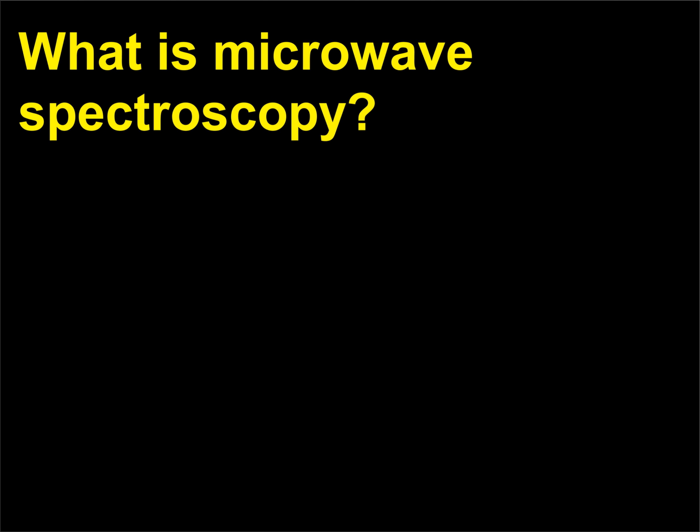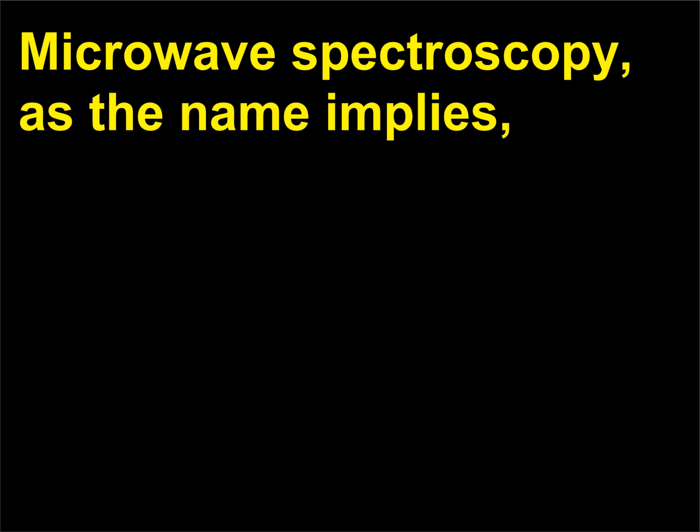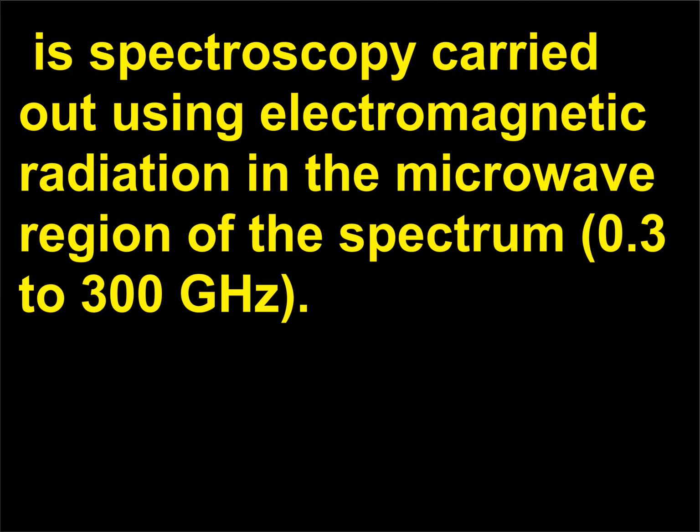What is microwave spectroscopy? Microwave spectroscopy, as the name implies, is spectroscopy carried out using electromagnetic radiation in the microwave region of the spectrum, 0.3 to 300 GHz.